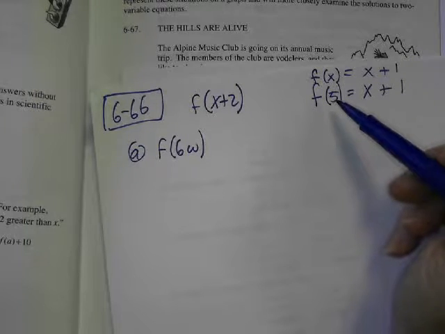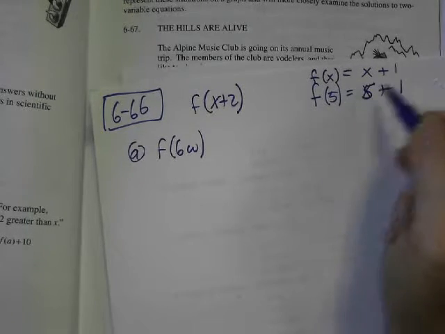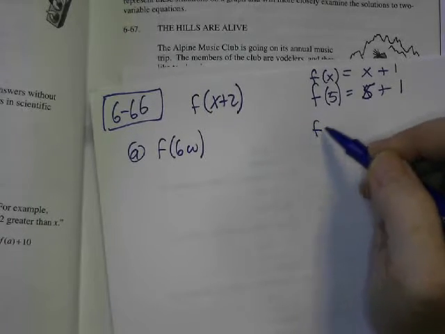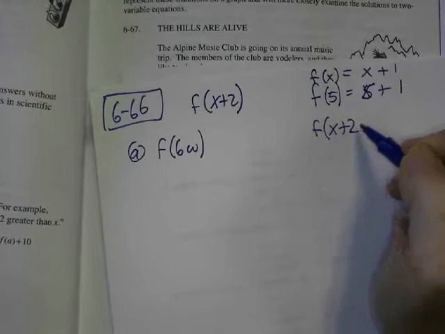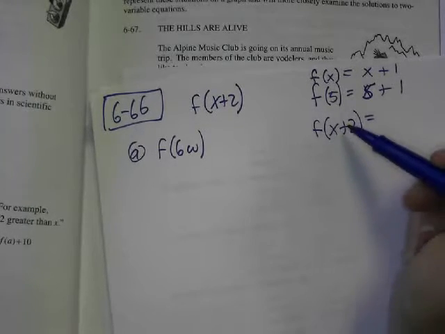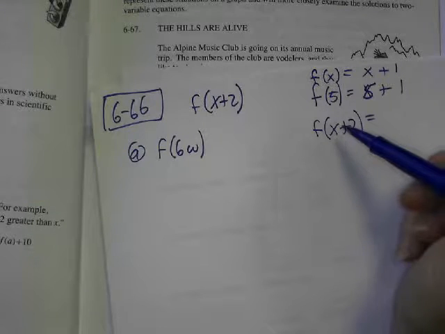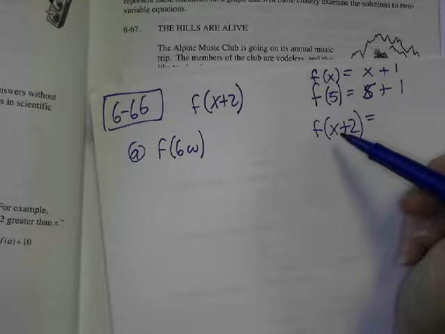So if I plug in a 5, that gives me 5 plus 1, that'd give me a 6, right? But if I want to plug in f of x plus 2, then when I plug a 5 into that function, it really does the work on 2 more than 5. You know what I mean?